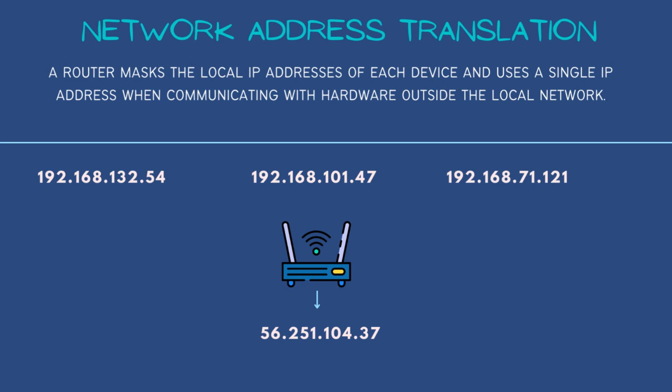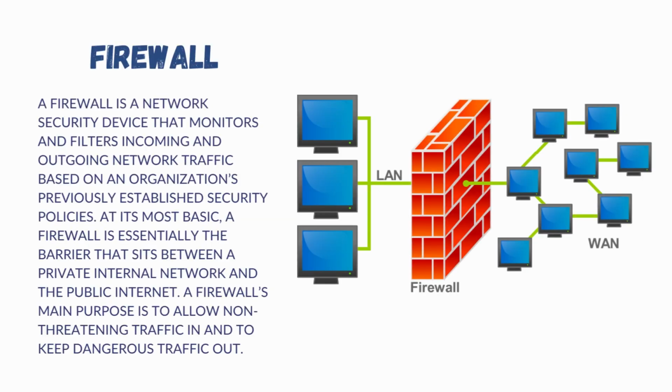What happens when a device on an external network wants to communicate directly with a device connected to the local network? This can be a big security risk for devices in a secure environment. This can be taken care of by a firewall.